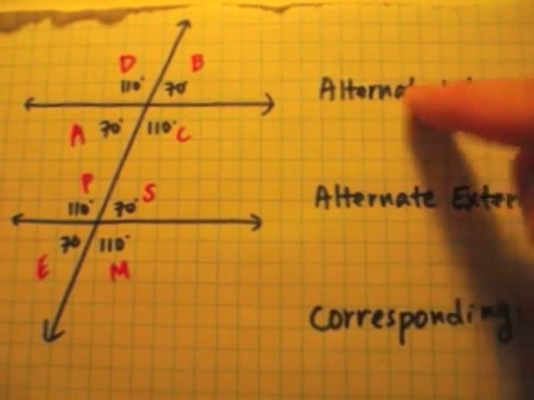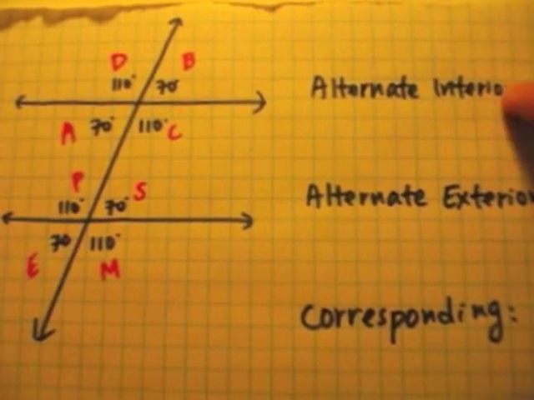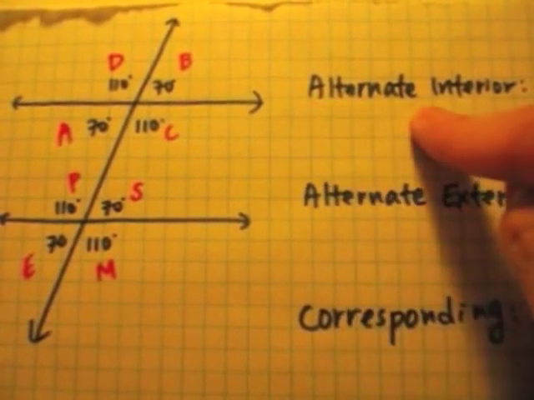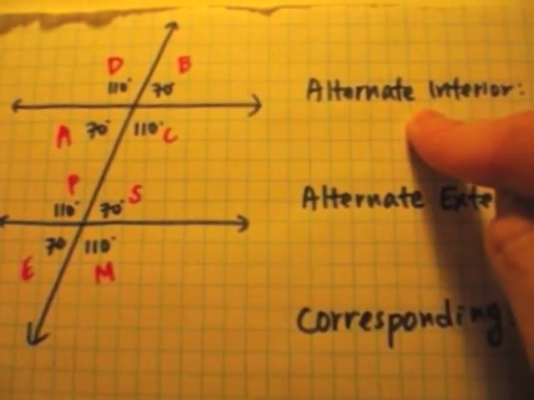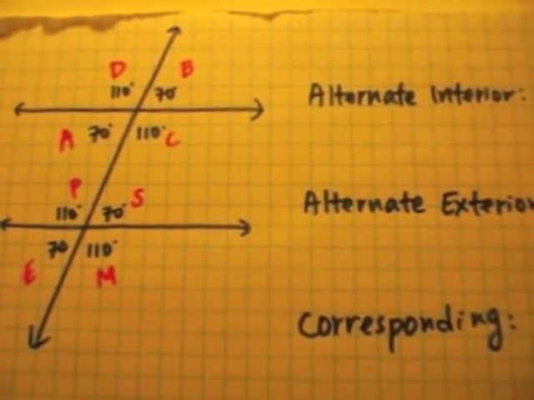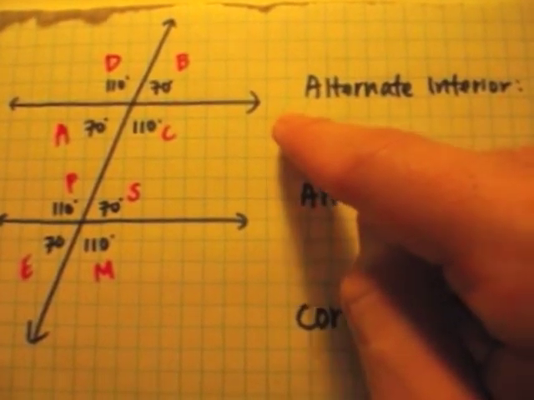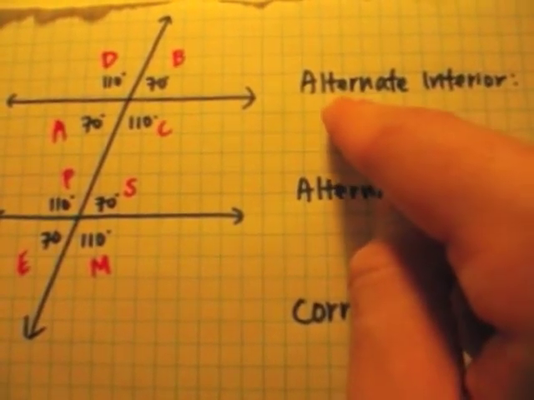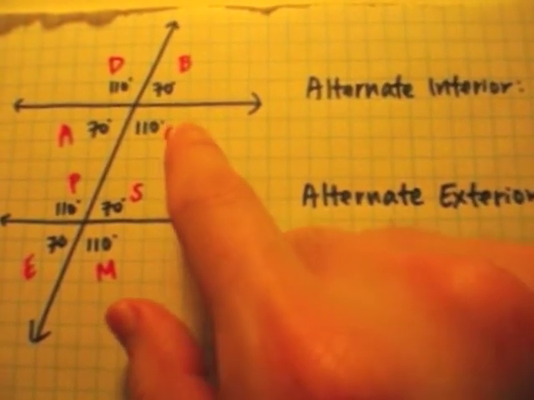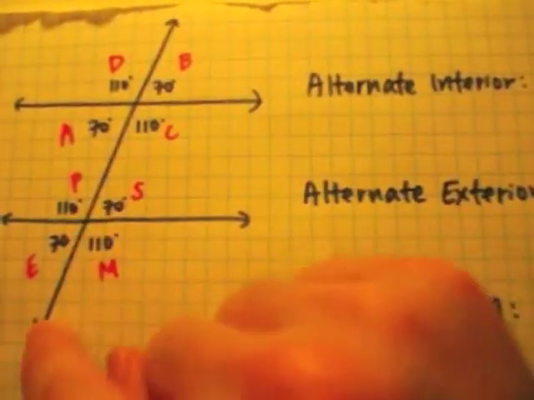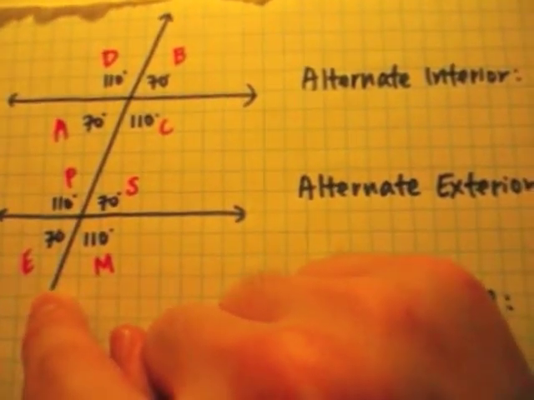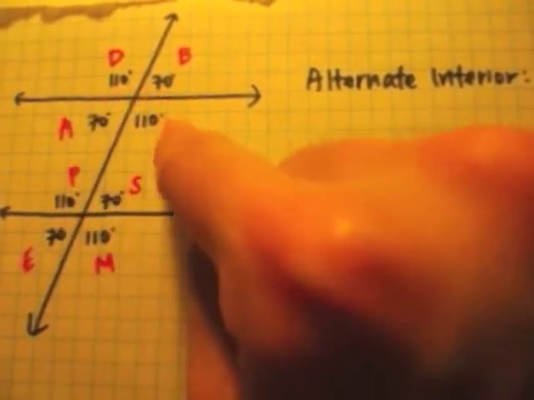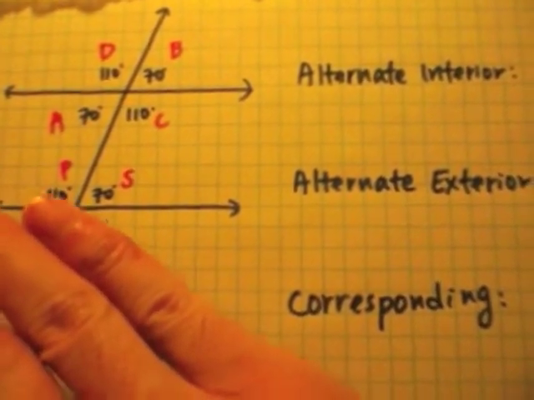So now, if I'm talking about alternate interior angles, alternate means opposite. Okay, alternate means opposite, or different sides. So what alternate interior angles are looking for are angles that are on opposite sides of the transversal inside of the parallel lines, that are congruent.